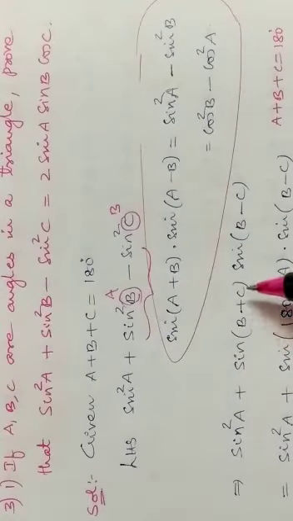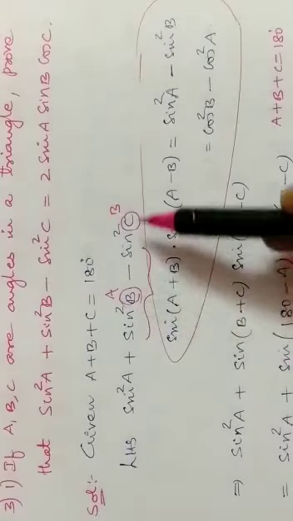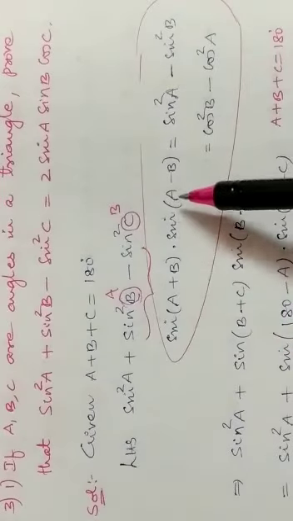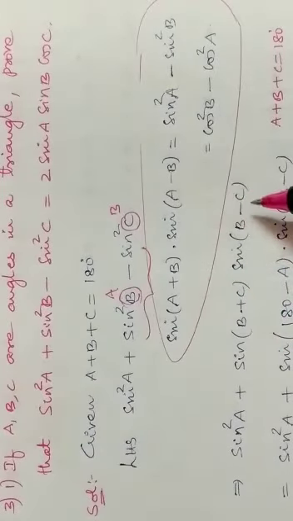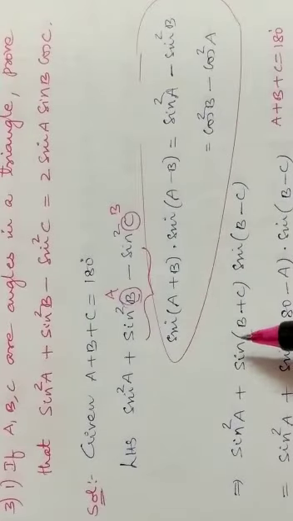B plus C. So in the place of A and B, you have to write B and C. So sin B plus C into sin B minus C. You must be careful while applying the formula and doing the comparison.